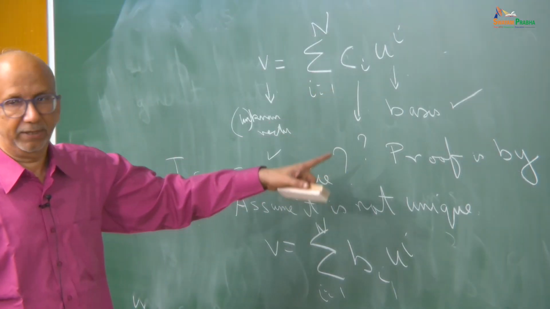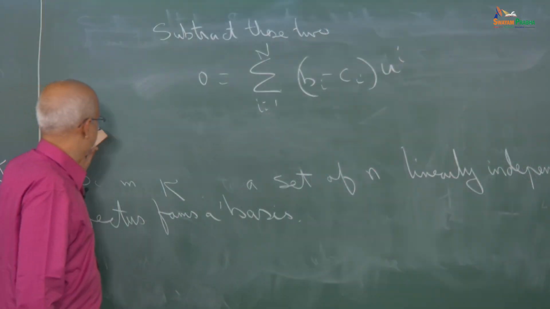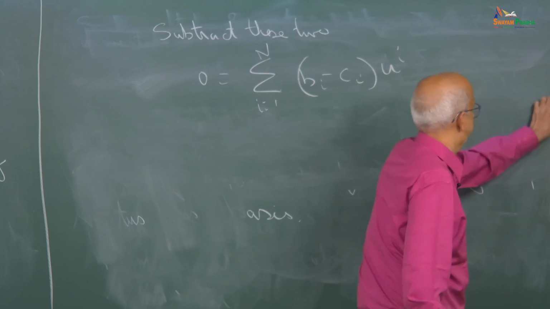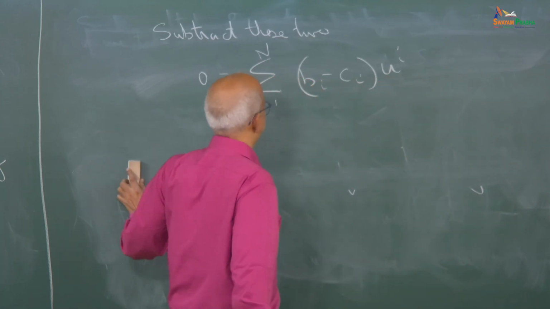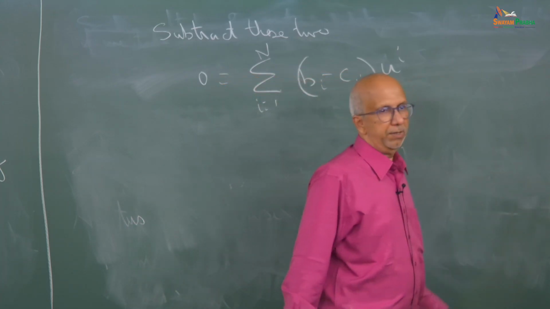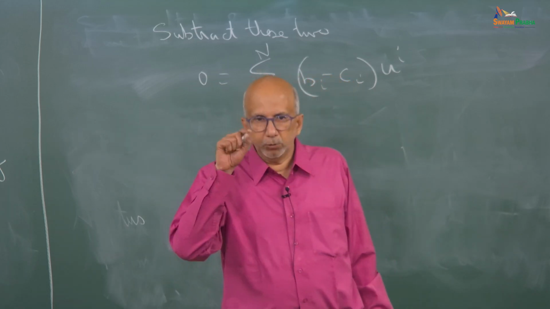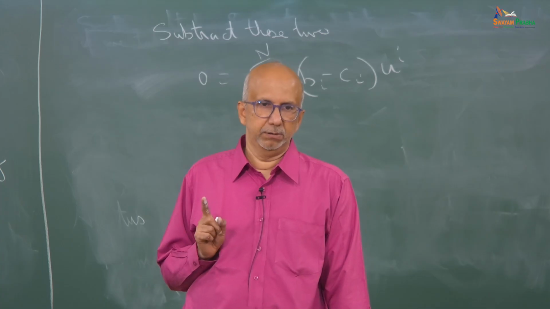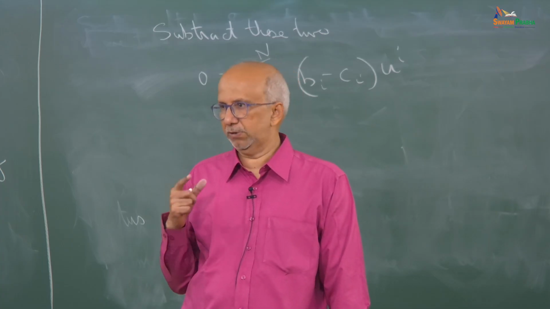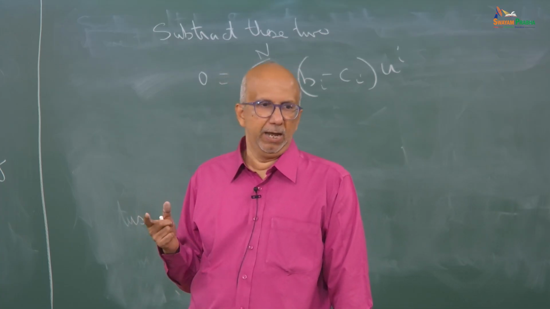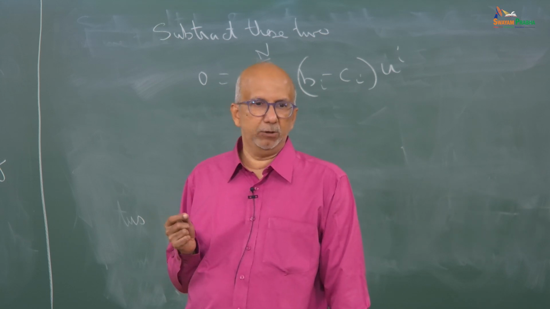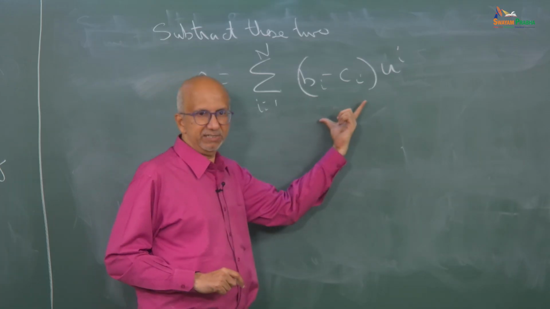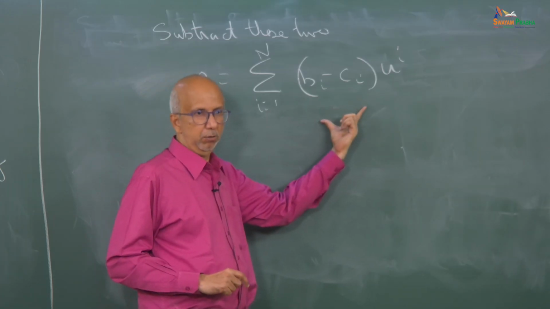All I have done is subtract V and V, you get 0. But now remember ui is a basis, which means they are linearly independent. That was the definition of basis. And if there is a linearly independent set, I know that this can be satisfied only if these coefficients are 0.